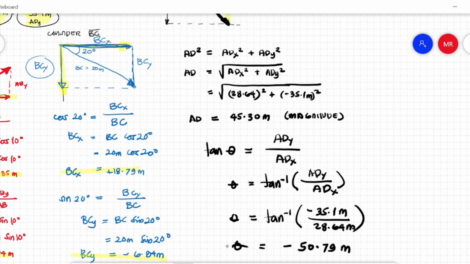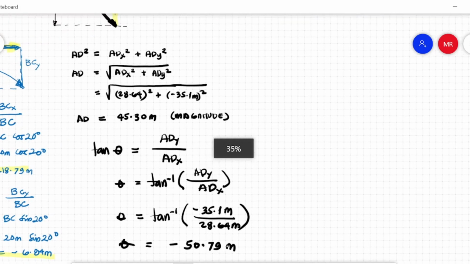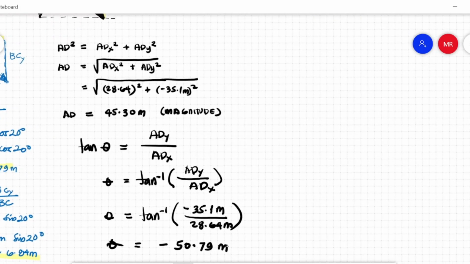So what is now our final answer? Our final answer, therefore, AD is equal to 45.30 meters with an angle of negative 50.79.